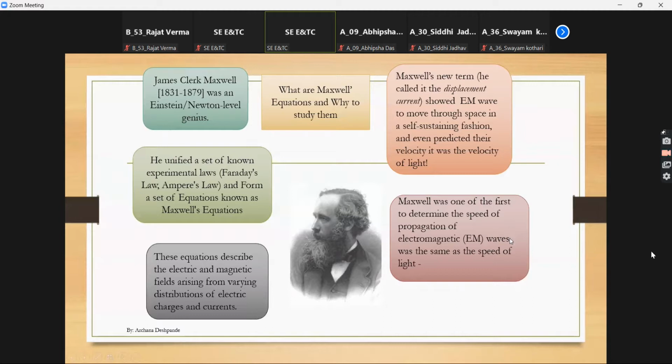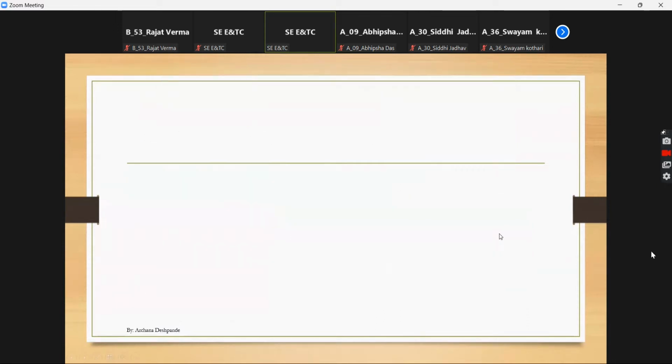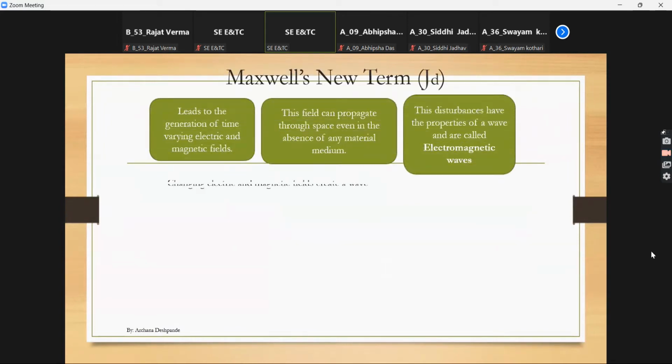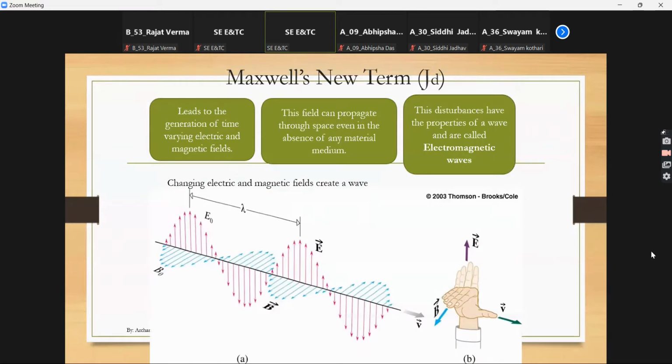So he is called the father of wireless communication because of his contribution, which we call the displacement current. We have studied the new term of Maxwell's equations. This new term leads to generation of time-varying electric and magnetic field. Then this field can propagate through space even in the absence of any material.